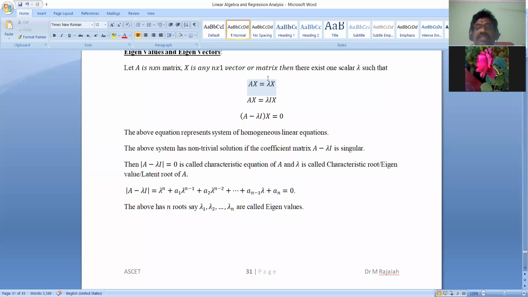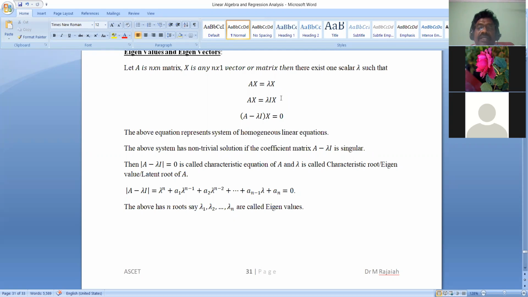Multiplication of this matrix is equated with the multiplication of that column matrix. In the same way, this can be written as Ax equal to lambda x, which is nothing but Ax equal to lambda I x, where I is the n by n identity matrix.